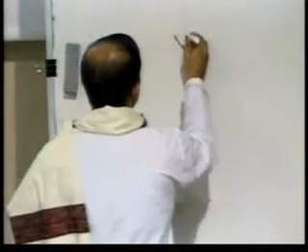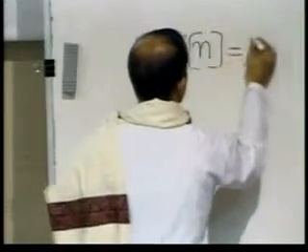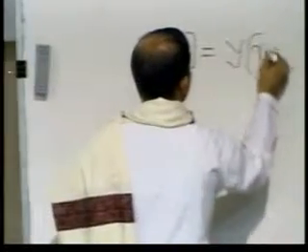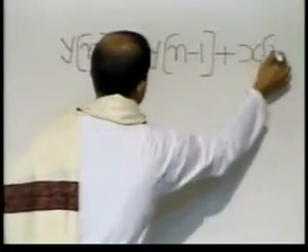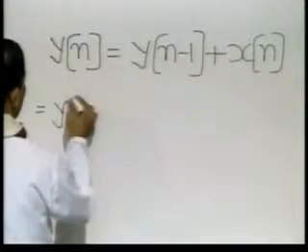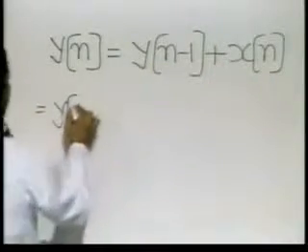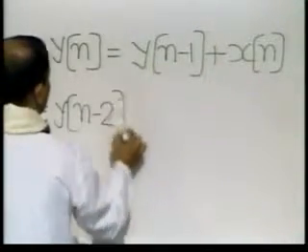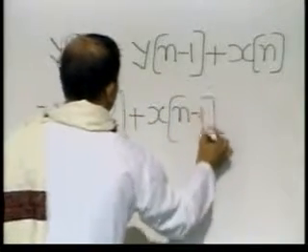Let's take the very simple difference equation y[n] = y[n-1] + x[n]. You can rewrite this: from the same equation, y[n-1] will be equal to y[n-2] + x[n-1], so y[n] = y[n-2] + x[n-1] + x[n].